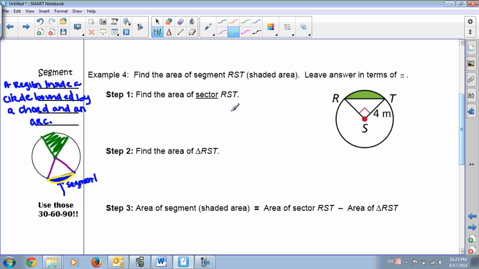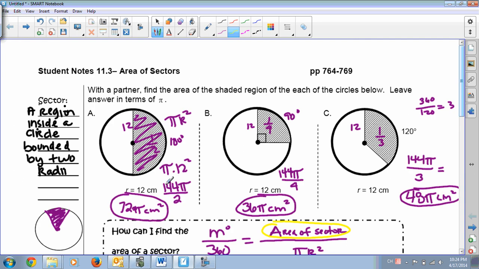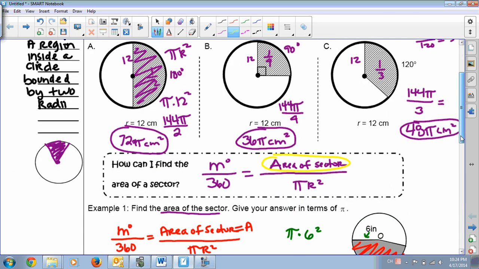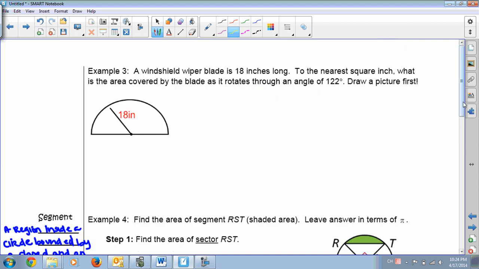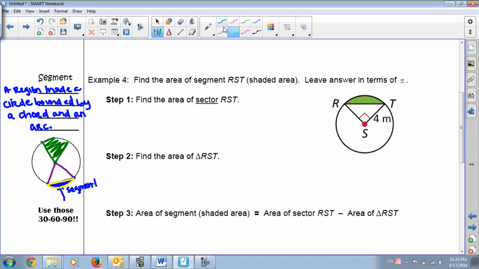First, what you do is you find the area of the whole sector, which is what we've been doing on the previous page. The area of a sector is just this. So we're finding the area of the piece of pie. We're doing m over 360 is equal to area of the sector over pi r squared.